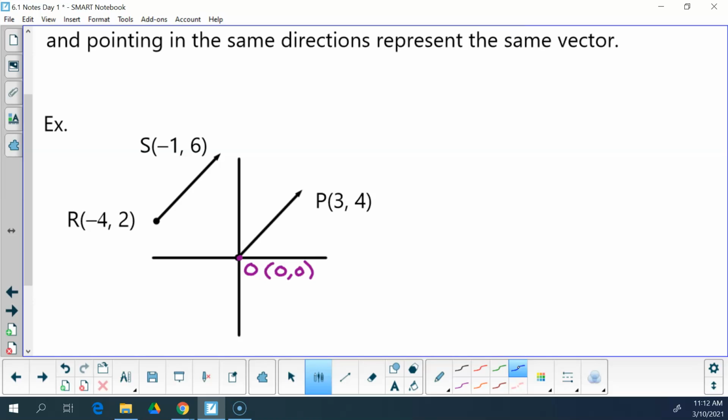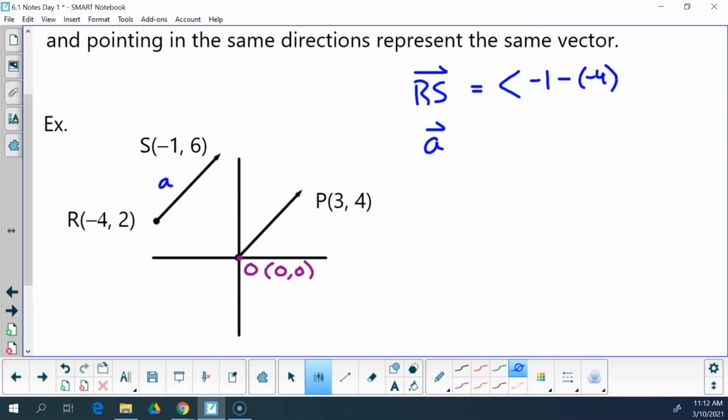So what I'm first going to do is represent vector RS. And it's written RS because R is the tail, S is the head. If I wanted to call it some other letter, like A, then I would call it vector A. Those two are going to represent the same thing. So the head minus the tail would be, I would take the horizontal component of the head minus the tail.